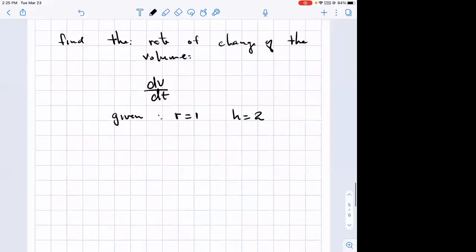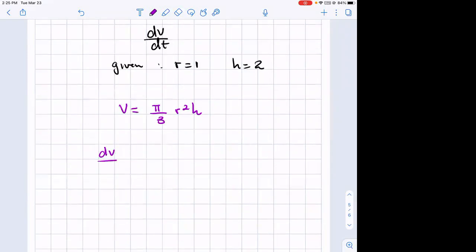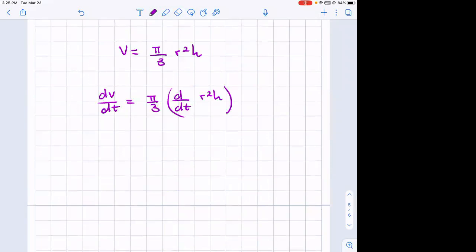So we know for this particular problem that V is equal to pi over 3 R squared H, right? So dV dt is pi over 3, and then we have to do d dt of R squared H. We did this already, but we did plug in numbers.